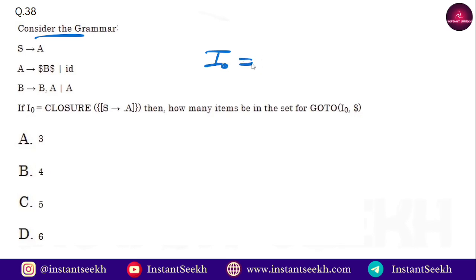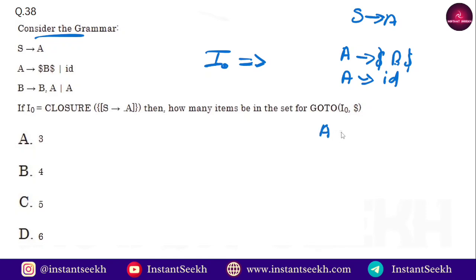So first of all, from S to A, we look for productions of A. So A is this. Then we have A to ID, so we add something like this.